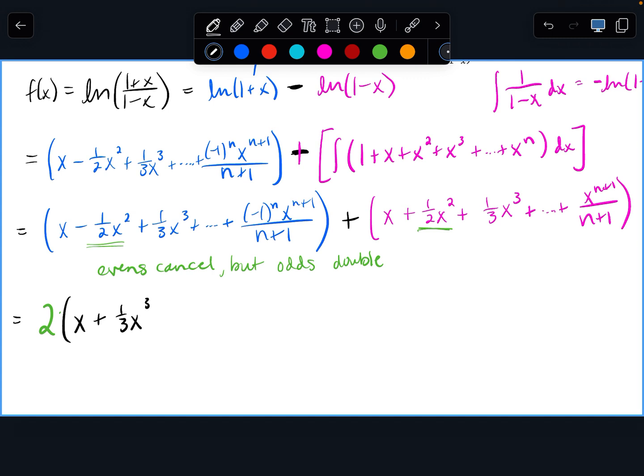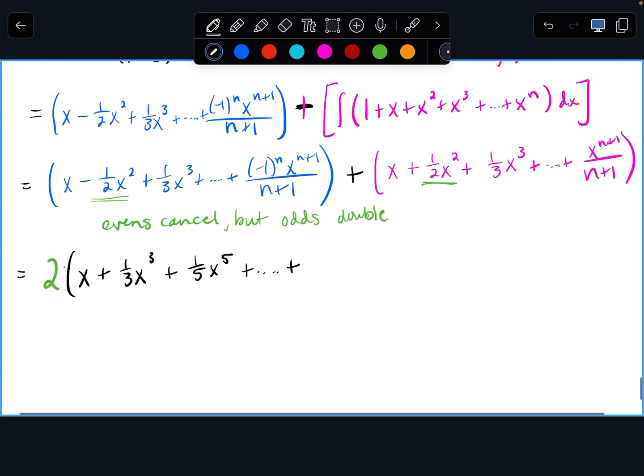Oh, shoot, now I need another one. I only have the 2, so I need a third one. So the next one would be 1/5 x to the 5th. Is everyone okay with that? Okay, now I'm having to come full circle here. So what do all these have in common? Right now, I'm not really looking at the general terms themselves. I'm looking at the pattern of these numbers.